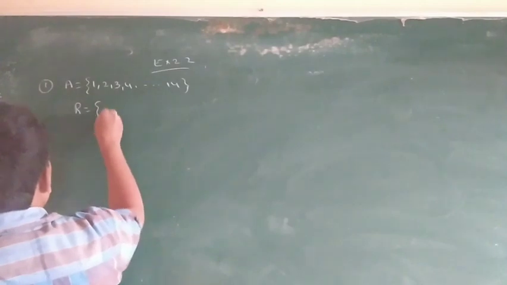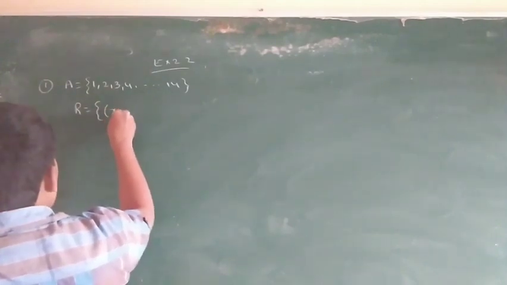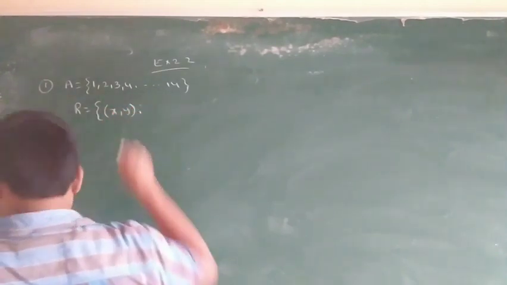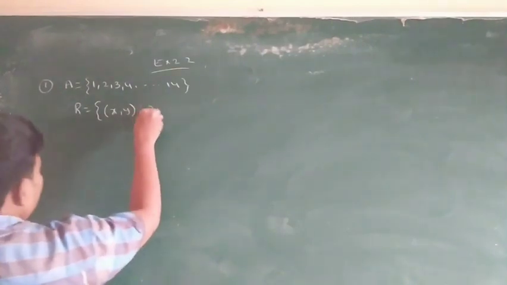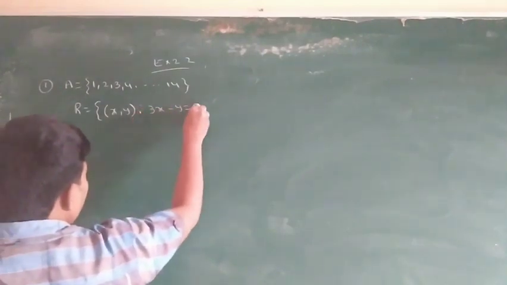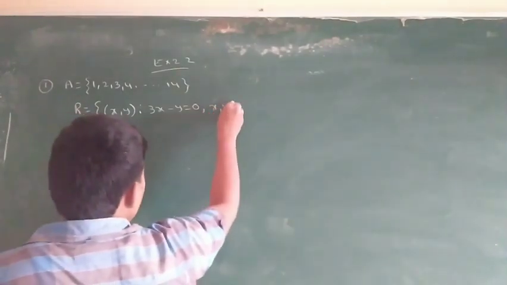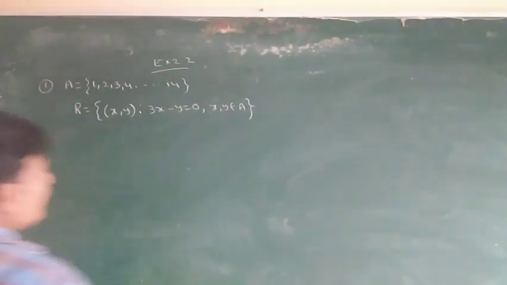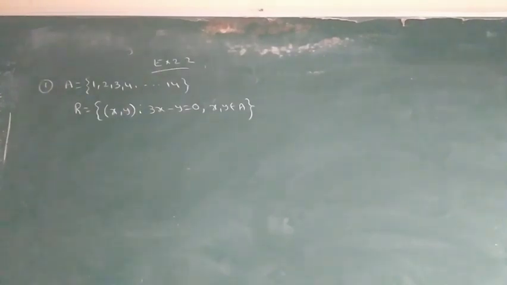R is the set of all ordered pairs (x, y) such that 3x minus y equals 0, where x, y belong to A. A is equal to 1 to 14.